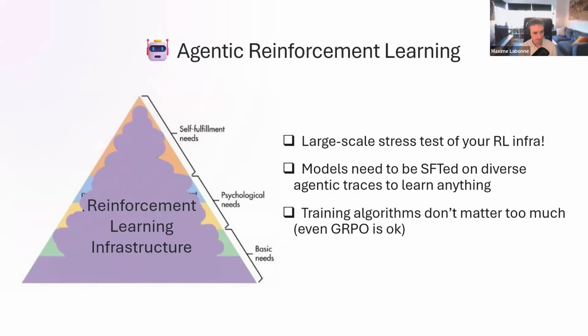So be prepared. Another important lesson is that you really need to properly initialize the model on diverse SFT traces that cover a lot of the tasks that you want the model to learn. If the model, especially a small model, is not properly initialized during SFT on these agentic traces, it is probably not going to be very good at learning during agentic RL.